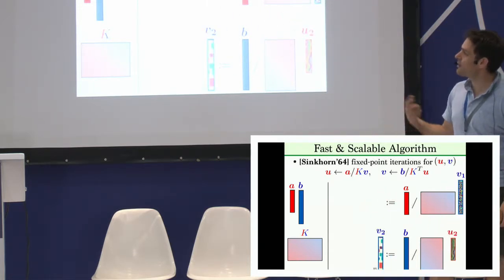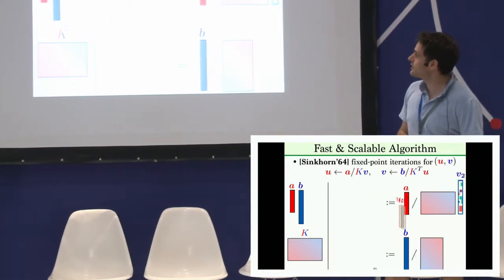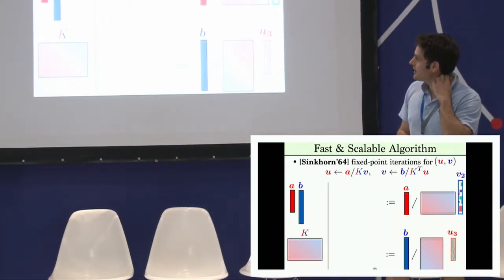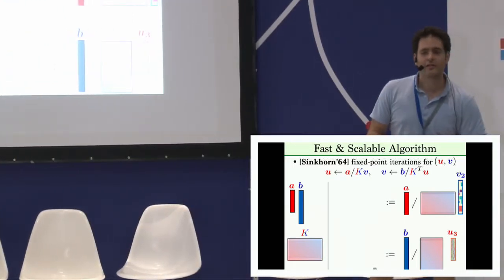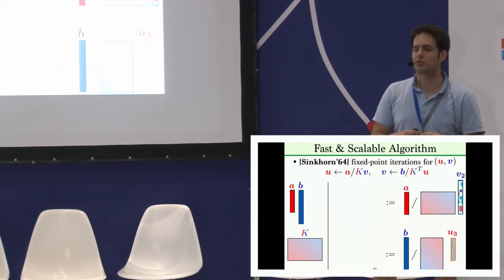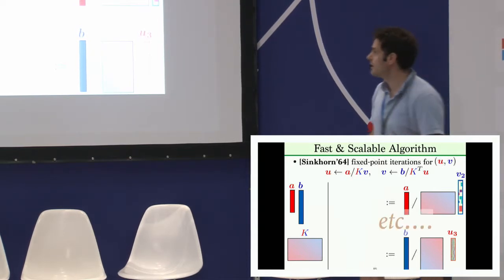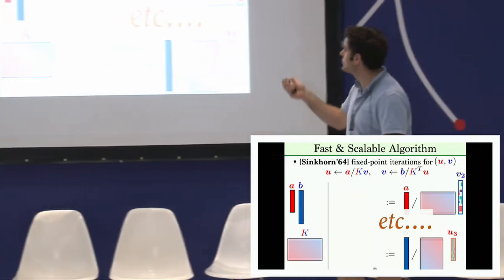Why am I doing this? Well, I'm doing this to illustrate the fact that this is inherently easy to parallelize. That is, if I have several histograms that I want to compare simultaneously, it's very easy to do this iteration.